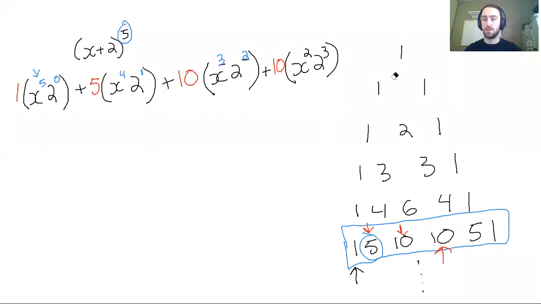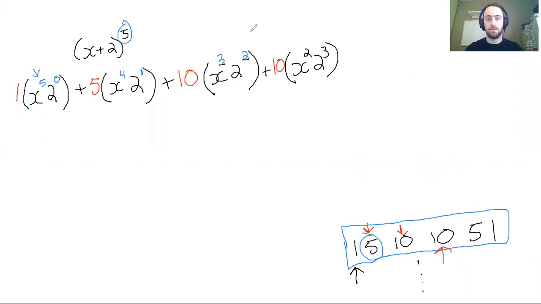Just going to erase some of our triangle here. Now, we are all the way down with our 5s. So 5 is our coefficient. We have x to the power of 1 and 2 to the power of 4.